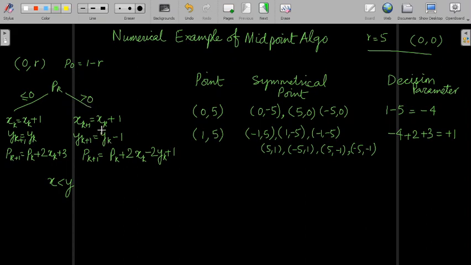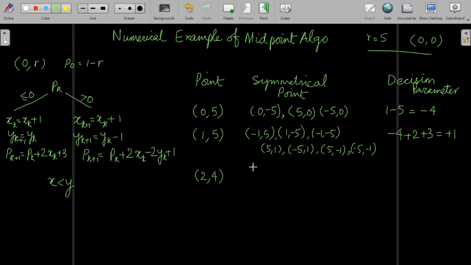So in this case, you increment x and decrement y. So the next point obtained will be, by incrementing x, it becomes 2, and decrementing y, it becomes 4.